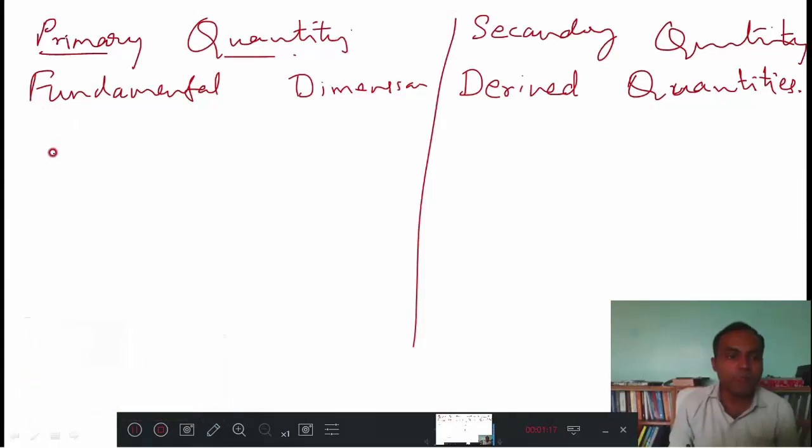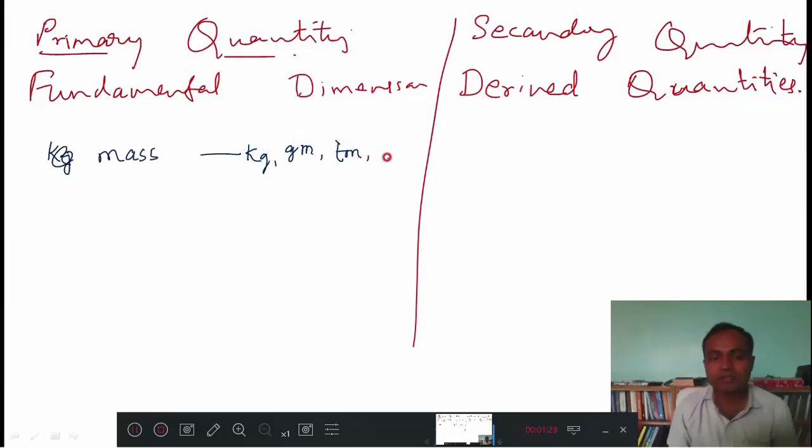For example, mass. That mass is measured as what? Mass is measured in terms of kg, maybe in grams, in tons, or it may be in quintals. Like that, mass can be measured in these parameters by using these dimensions. Then we have length. Length is measured in terms of meter or kilometer or centimeter or feet or inch or yard.